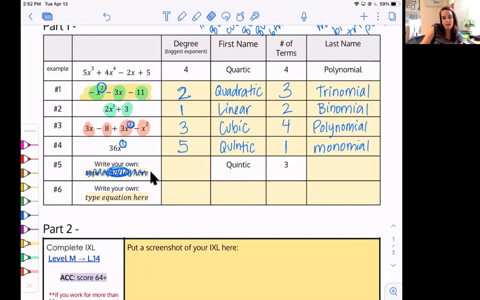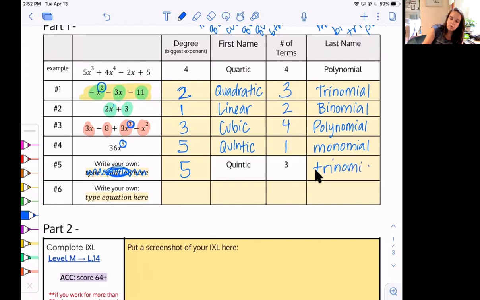So when you write your own expression here, it needs to have a first name of quintic, right? So what degree does it need to have? X to the what should be the highest power? What should be the biggest exponent? Yeah, 5 for sure. Just like the one above it. And then it needs to have 3 terms. So what kind of nomial is it? Trinomial. So what does that mean about what your equation needs to have?